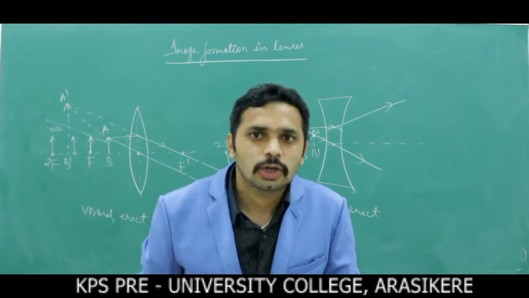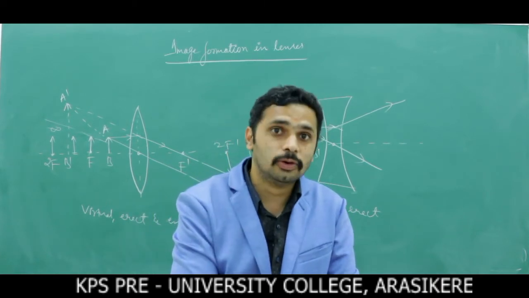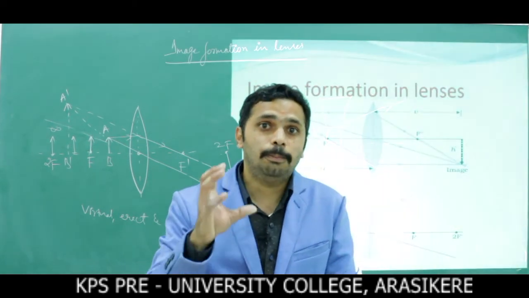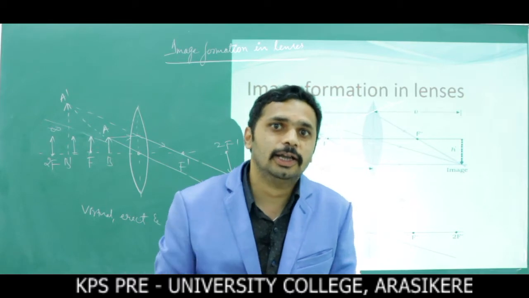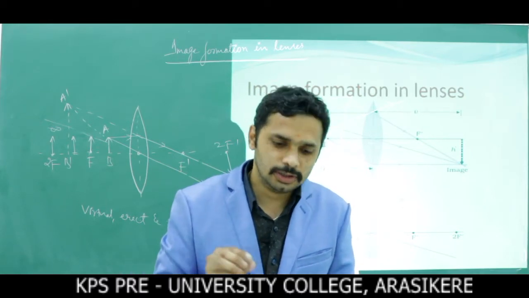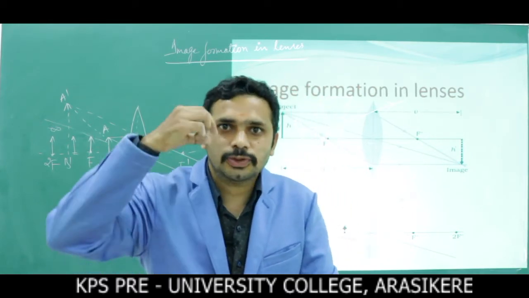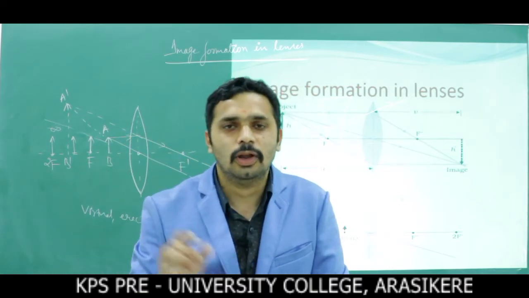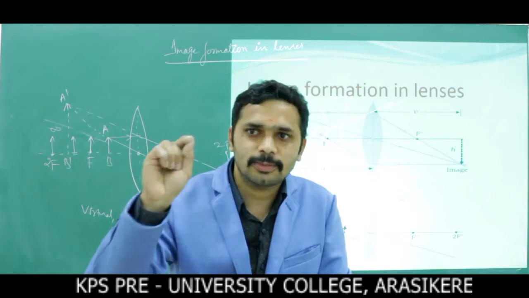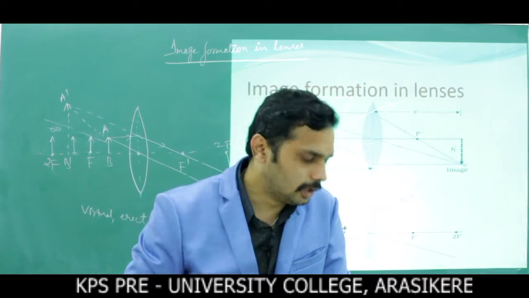Is that clear? Now we are going to discuss the very important concept, power of a lens. What is power? Because we know that in practical life we are using power. Suppose for eye defects, the doctors mention the power, not in terms of focal length, they are using it in terms of power. You have to know the power of a lens.